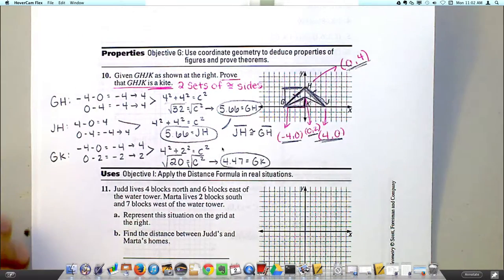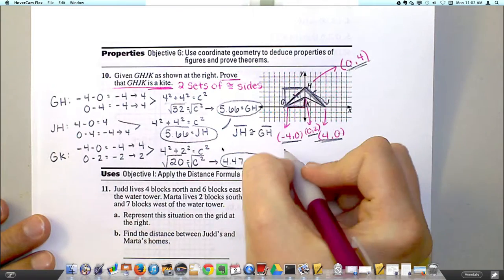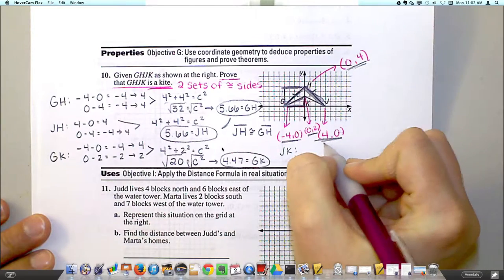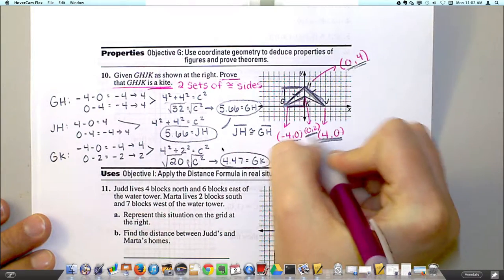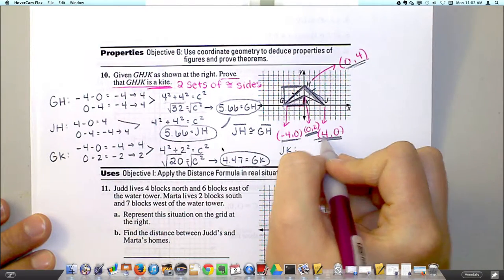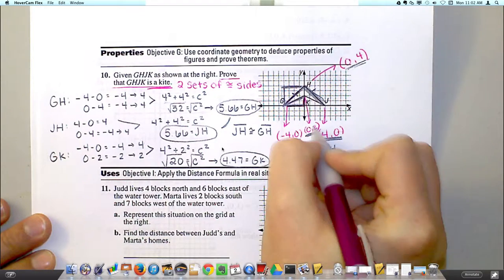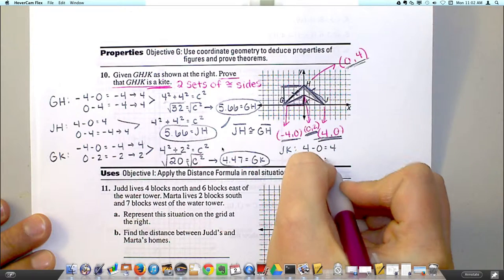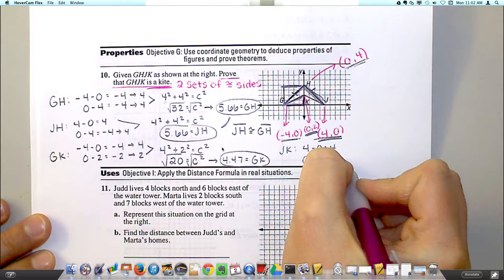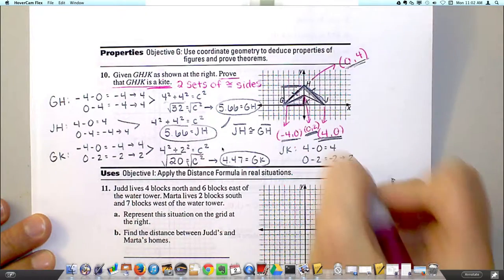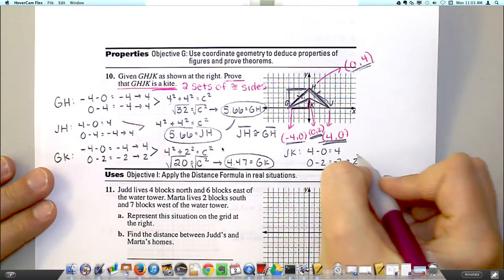Now let's do the same thing with JK. So over here I'm going to do JK, which would be the 4, 0 and the 0, 2. So 4 minus 0 is 4. 0 minus 2 is 2 that I'm going to pretend is really a negative 2. Nope, sorry. It's negative 2 that I'm going to pretend is a regular 2. Got a little ahead of myself there.